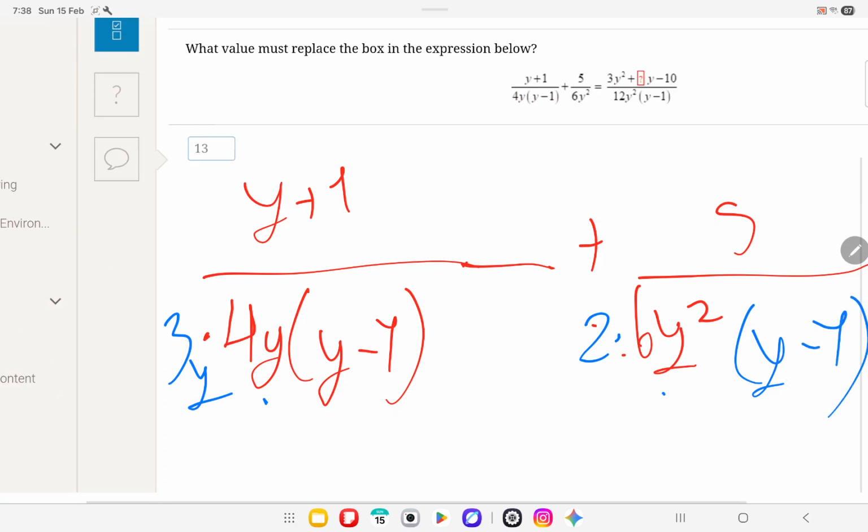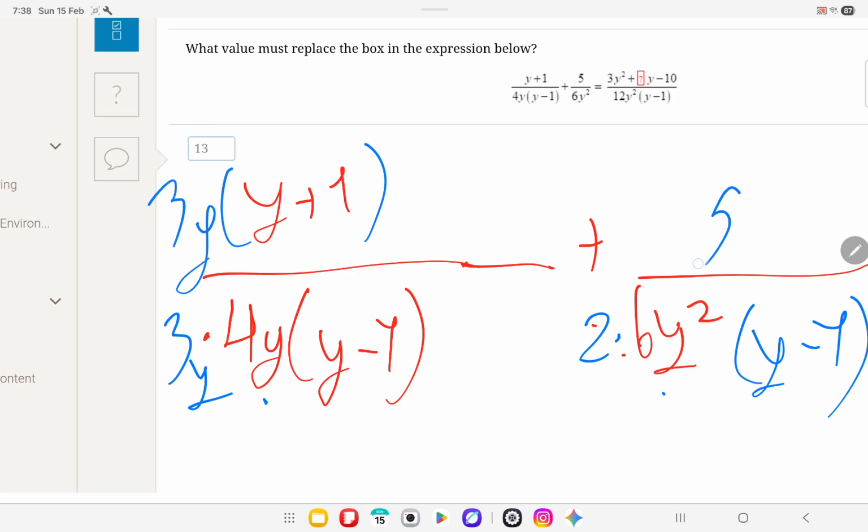Anything we multiply down, we have to multiply up. So it will be y plus 1 times 3y and 5 times 2 times y minus 1. So we rewrite it.